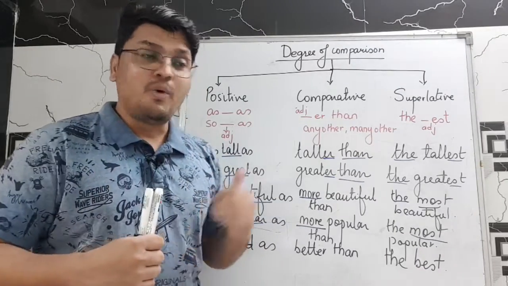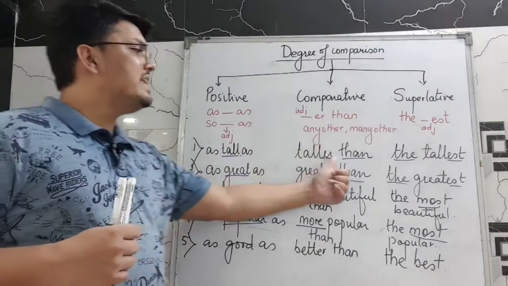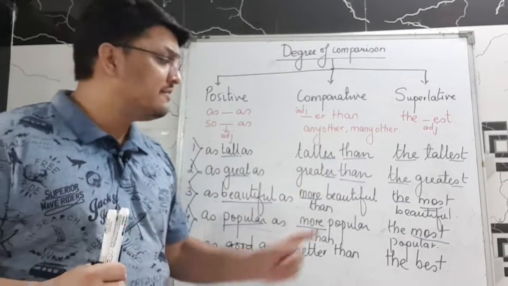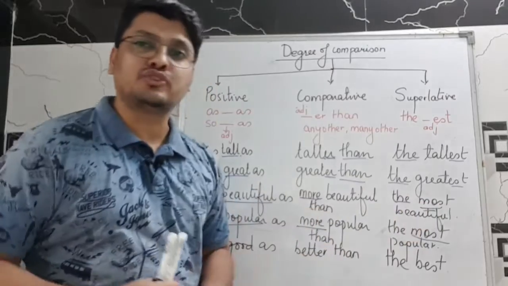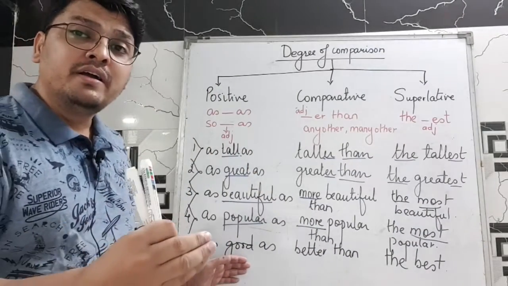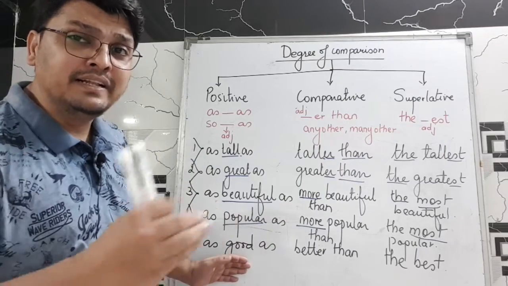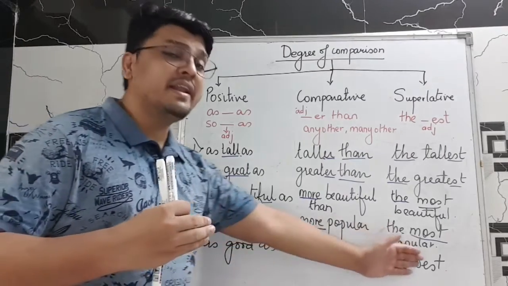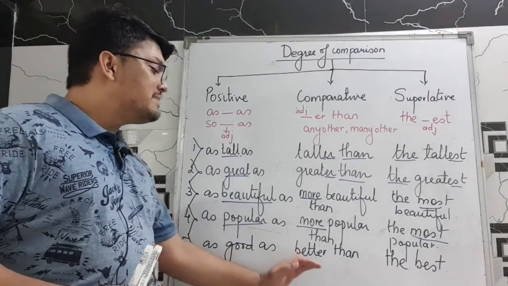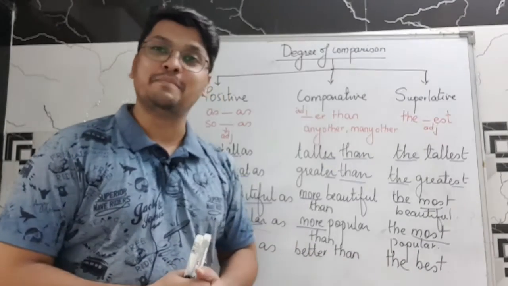One syllable, you have to use er and est. If two or more syllable adjective, use more and most. And if you see such adjectives like good, bad, little, you will see different forms in the other two degrees of comparison. As you can see how as good as became better and here the best.